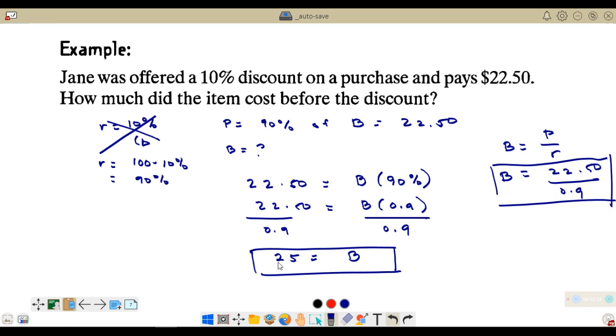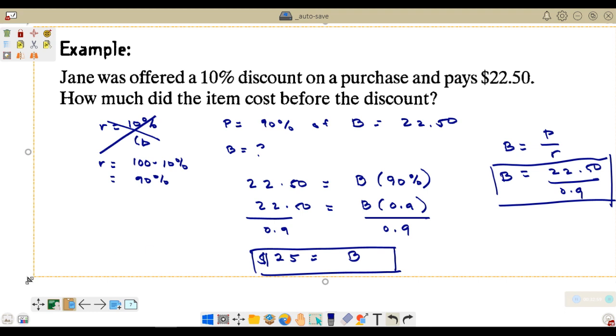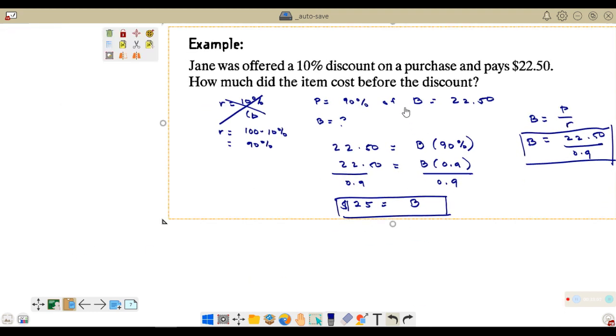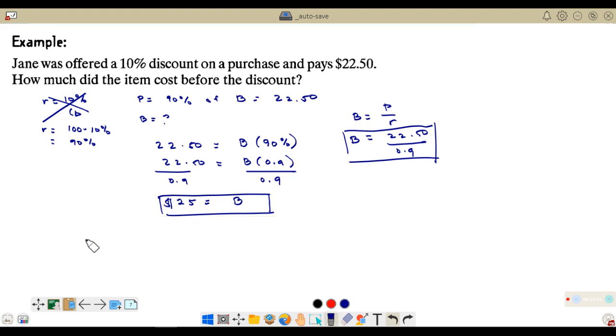So, check natin. Is it true that it is 25 pesos? So, $25. Paliitin lang natin siya kasi masyado siyang malaki. Wala na tayong space. Yan. So, for the checking, kunin natin yung 10% ni 25.